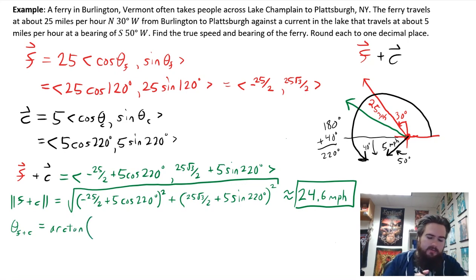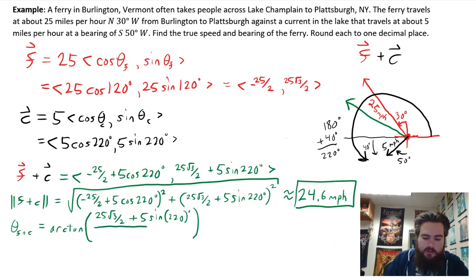Arctangent here of the second component over the first. The second component here will be 25 square root of 3 over 2 plus 5 sine of 220, and that is going to be divided by the first component, which is negative 25 over 2 plus 5 cosine of 220 degrees.